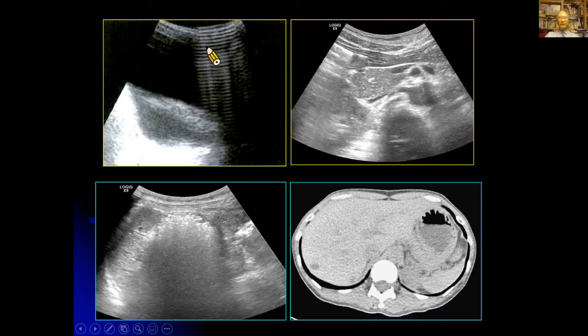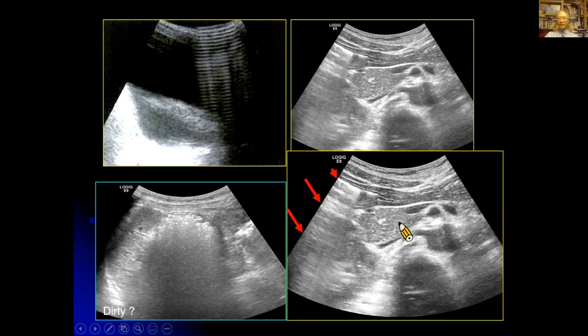So here you can see reverberation, and here a relatively complicated reverberation is so-called dirty shadows, because it makes a lot of different reflectors here. There's a corresponding CT pattern. I magnify this for you to see the wall of the stomach and the air and the reverberation.